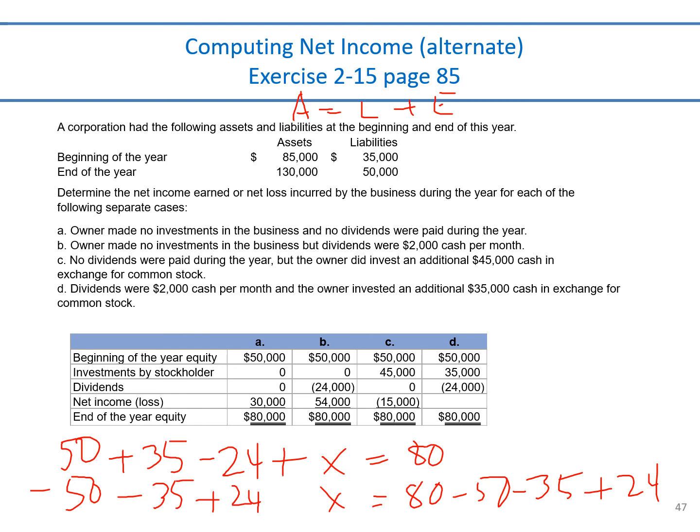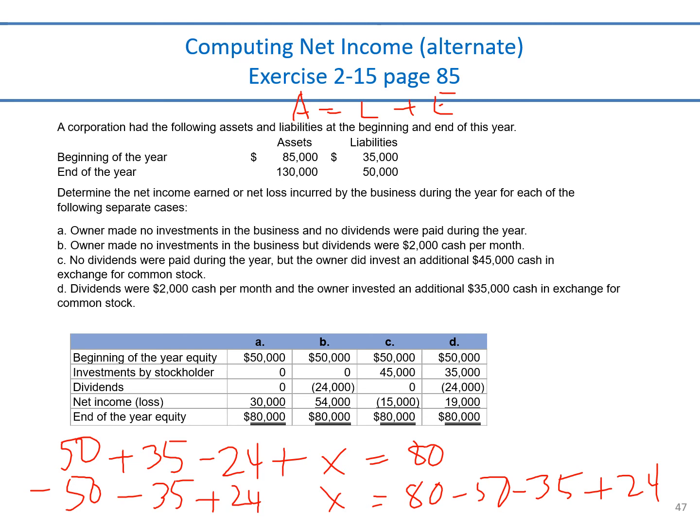So $80,000 minus $50,000 minus $35,000 plus $24,000 is $19,000, right?